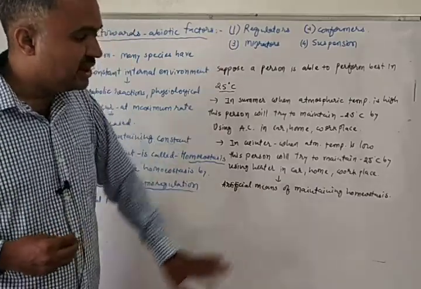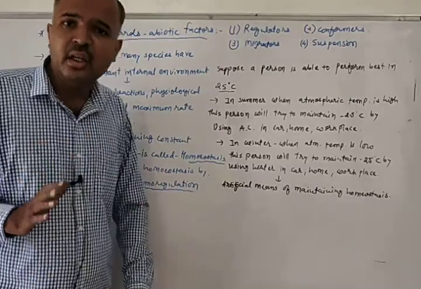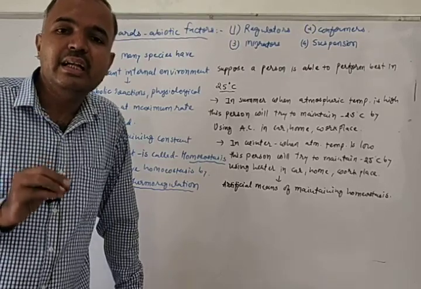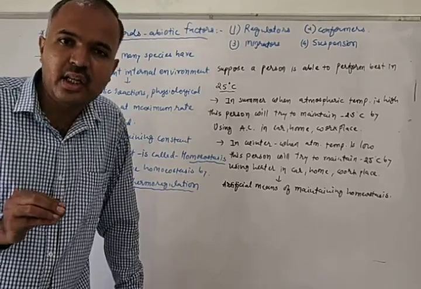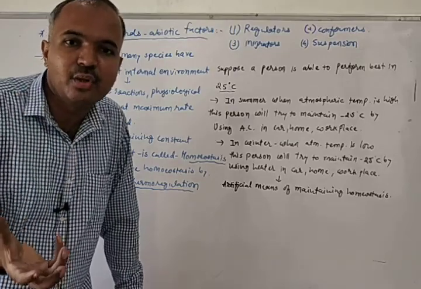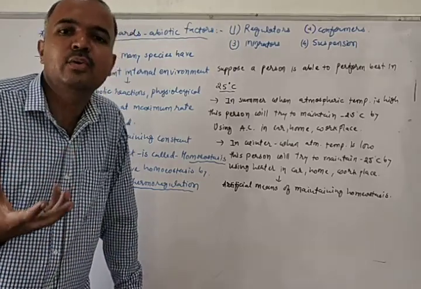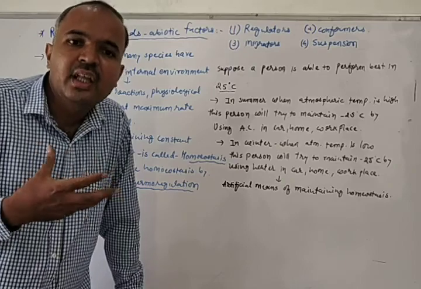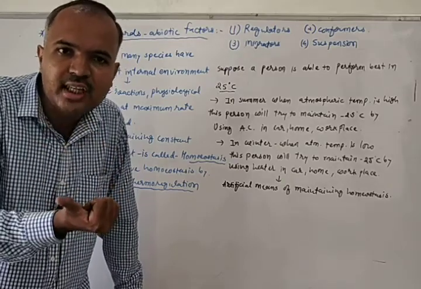So this analogy says that a person will try to maintain a constant temperature by using either artificial means or physiological means. If he is not able to use artificial means, then he will use the physiological means.